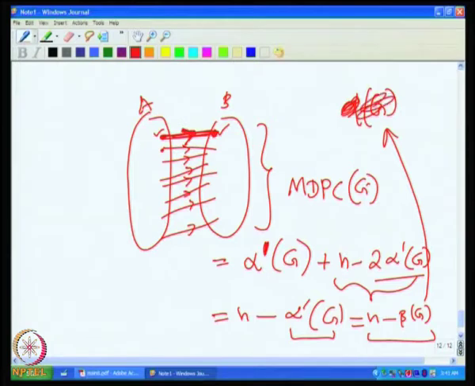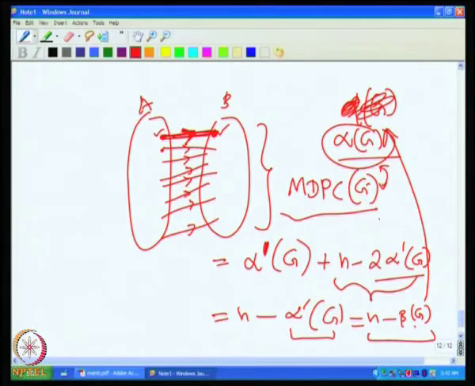This one is alpha of G. N minus beta of G, we have already seen that alpha of G plus beta of G is equal to n, then n minus beta of G is equal to alpha of G. And so it so happens that in any bipartite graph, this MPDC happens to be equal to, not just less than or equal to, it is equal to this thing. So somehow it is reaching the bound.